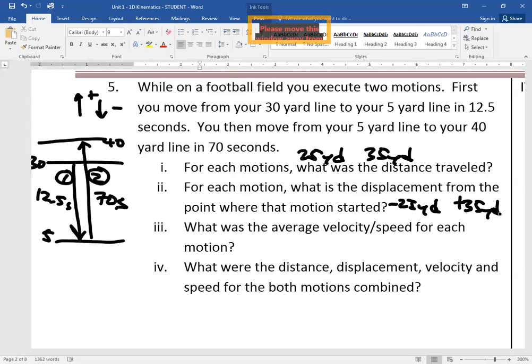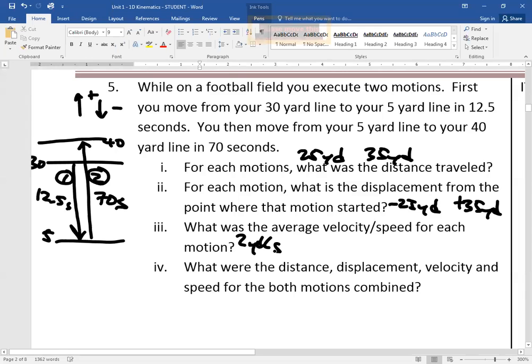Okay, what is the average velocity speed for each motion? So the average speed for the first motion, or the average speed. How do you get the speed? 2 yards per second for the first motion.